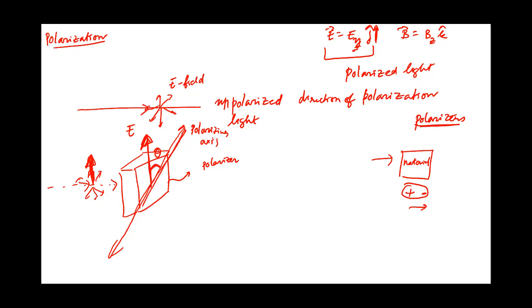So if E is the electric field along this direction and its angle is theta with the polarizing axis, then only E cosine theta comes out.